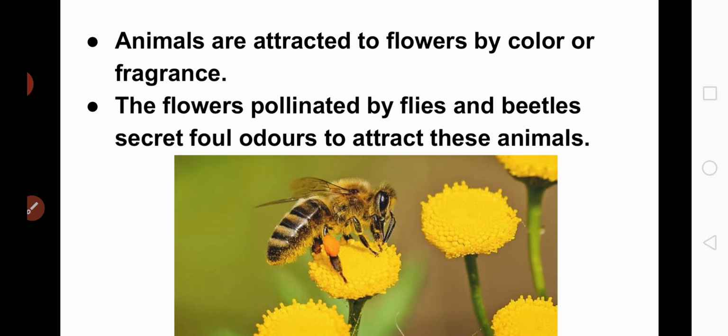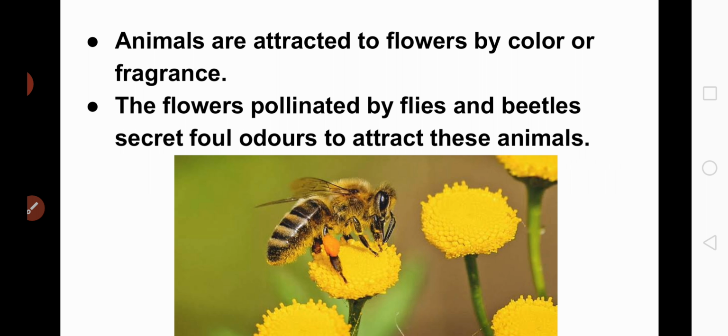Animals are attracted to the flowers by color or fragrance. The flowers pollinated by flies and beetles secrete foul odors to attract these animals. So these are the characters of insect-pollinated plants.